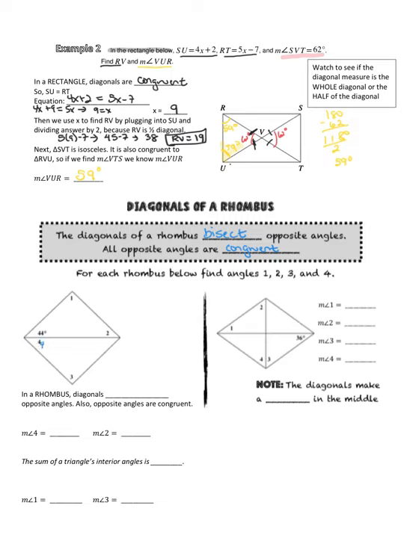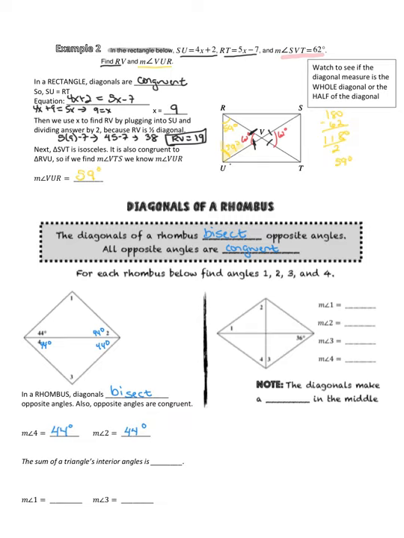Well, that'd be 44 degrees. And that means angle 2 is going to be 44 degrees, and so will angle no name. In a rhombus, diagonals bisect opposite angles, and opposite angles are congruent. So the measure of angle 4 is 44 degrees, and the measure of angle 2 is 44 degrees.